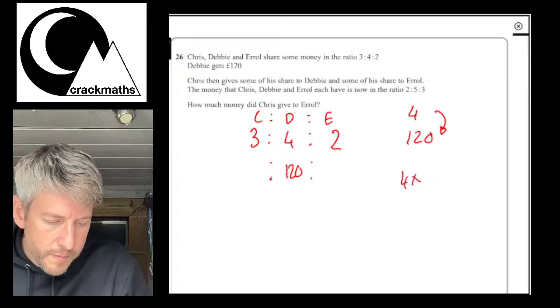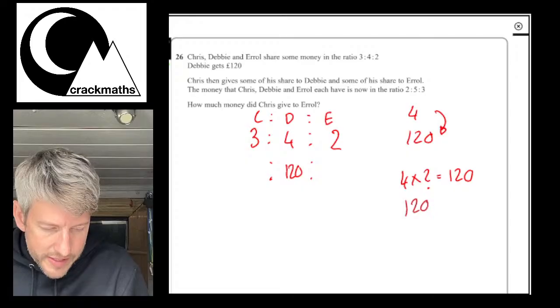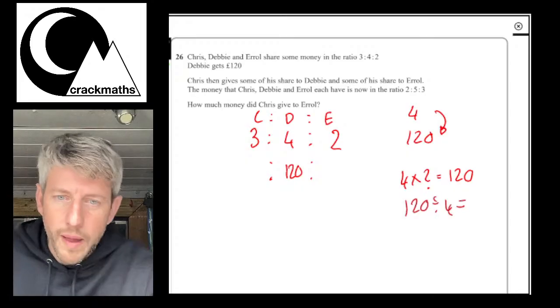Well, I know that 4 times something equals 120. So if I reverse this calculation, 120 divided by 4 will equal that mystery thing.